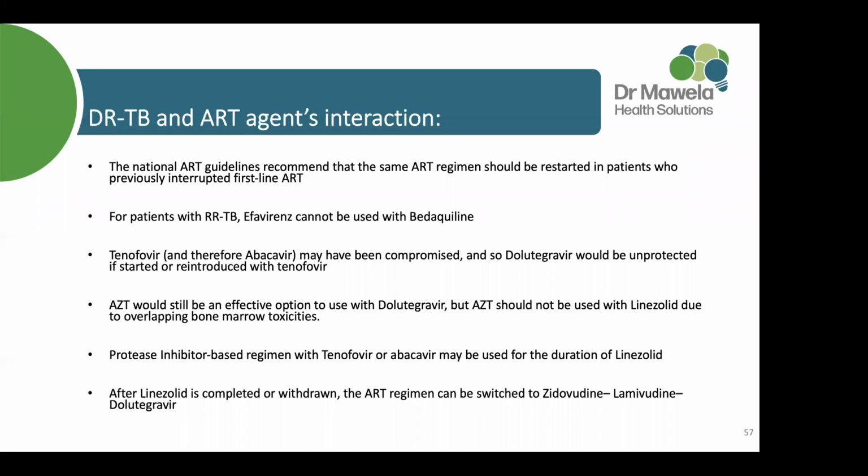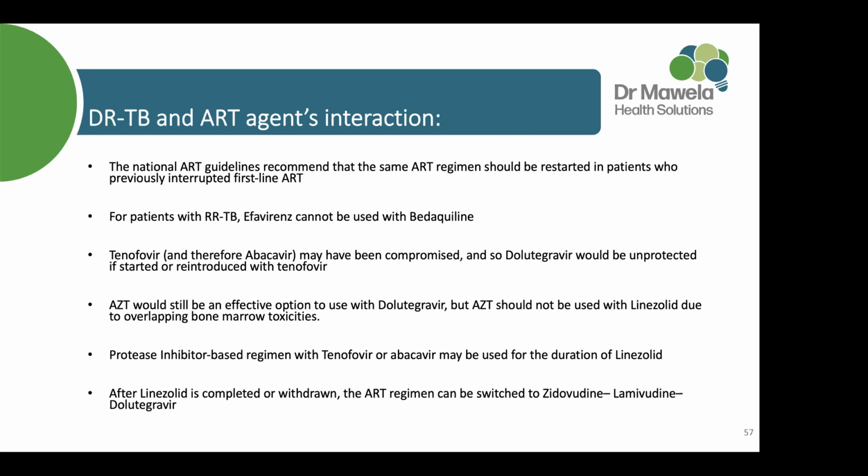This thing I'm explaining, this slide is quite complex if you are not used to the HIV guidelines and when to use DTG and when to use lopinavir, ritonavir. But to summarize it for you, previous defaulters on tenofovir, emtricitabine, and efavirenz, when you restart them on ARVs, you can't start efavirenz, right? Because it will interact with bedaquiline.